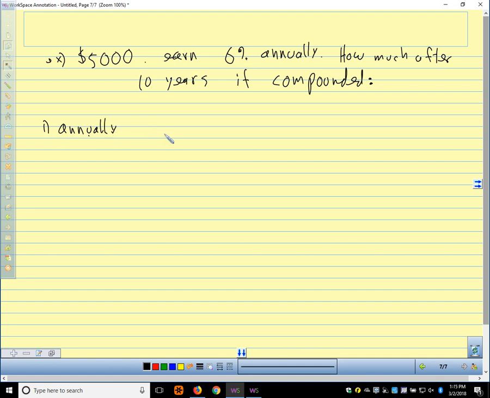So how many pay periods per year if we compound annually? 1. So here N equals 1. So our amount is 5,000 times 1 plus our interest rate, 0.06, over 1, to the power 1 times 10.